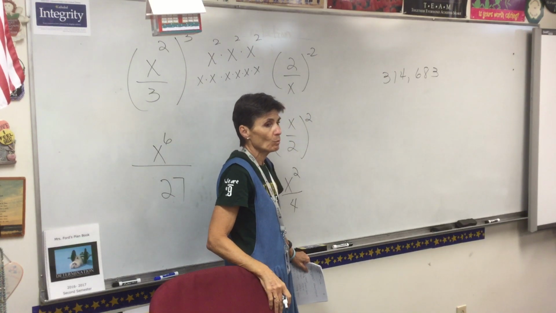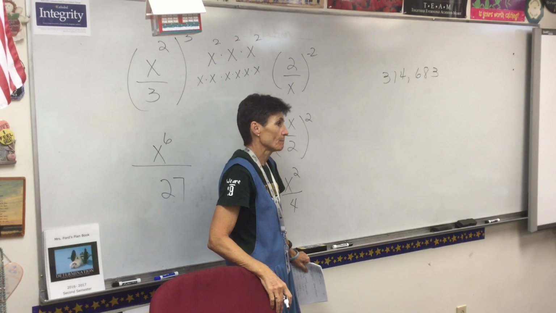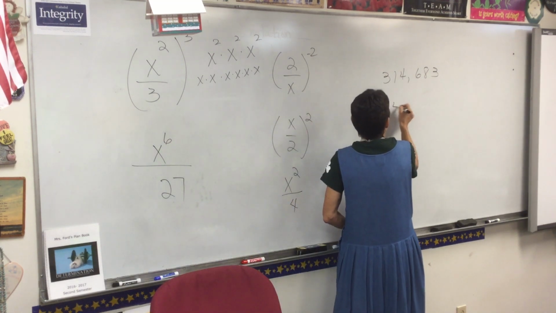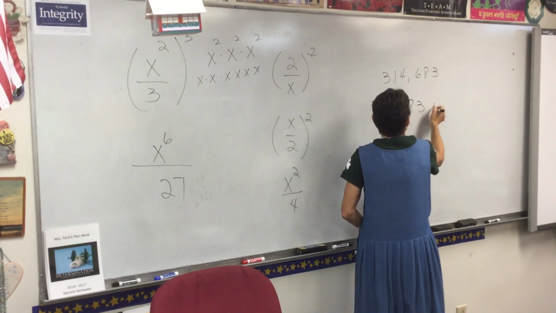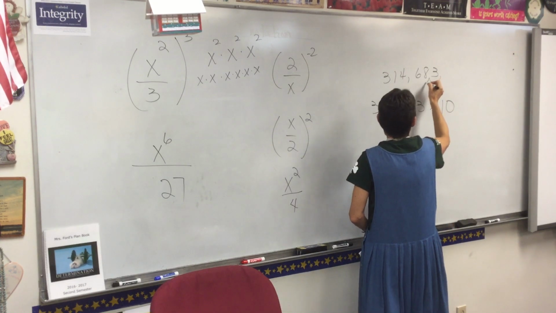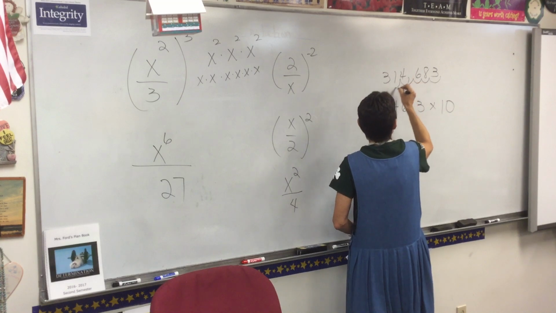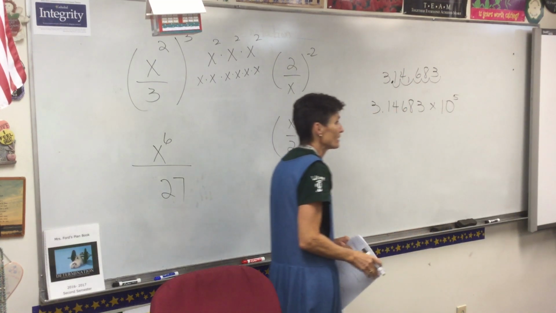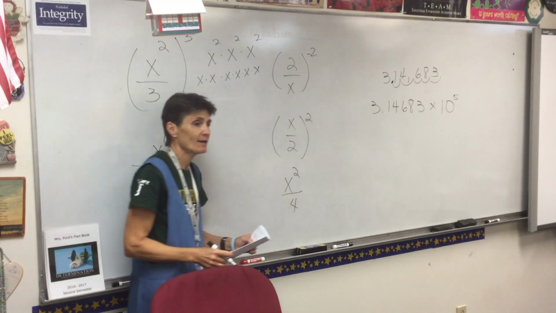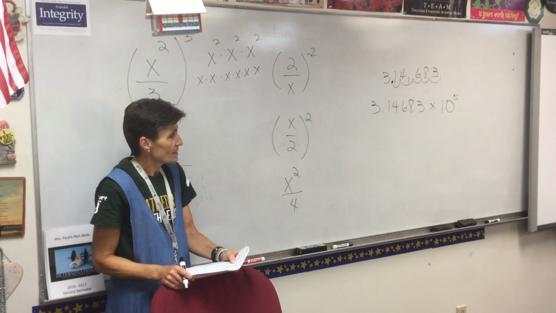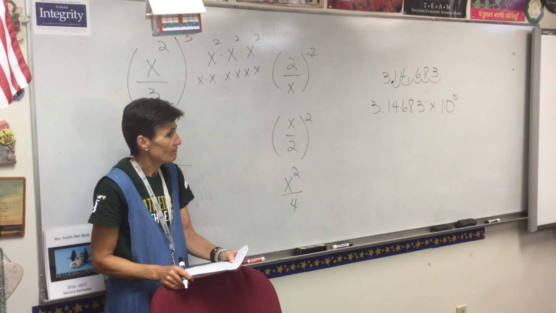You can tell me what it will be. 3.14 times 10 to the 5th. You got to move that decimal point 5 places, right? So that's going to be 10 to the 5th.